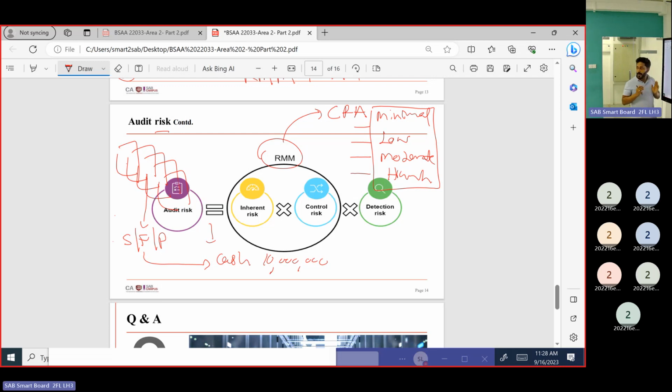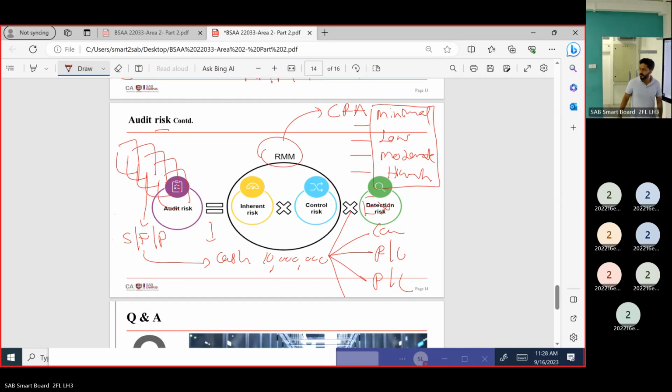And we are not stopping. We are not ending the risk assessment at this level. We are going to analyze the assertions as well. What are the assertions? Existence, completeness, rights and obligations, presentation and disclosure, and valuation.